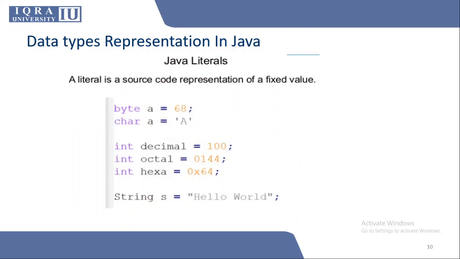Now these are the different representations in Java. Java literals: a literal is a source code representation of a fixed value. When we have to define a fixed value in Java, that representation is known as Java literals. As we can see, there are different values having different data types: byte, character, integer, and a string.